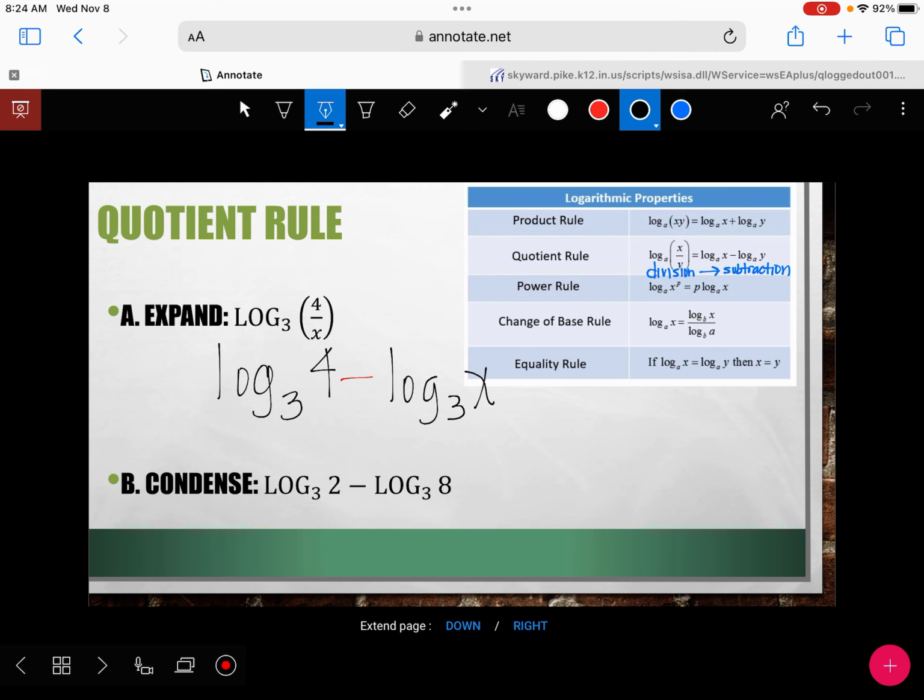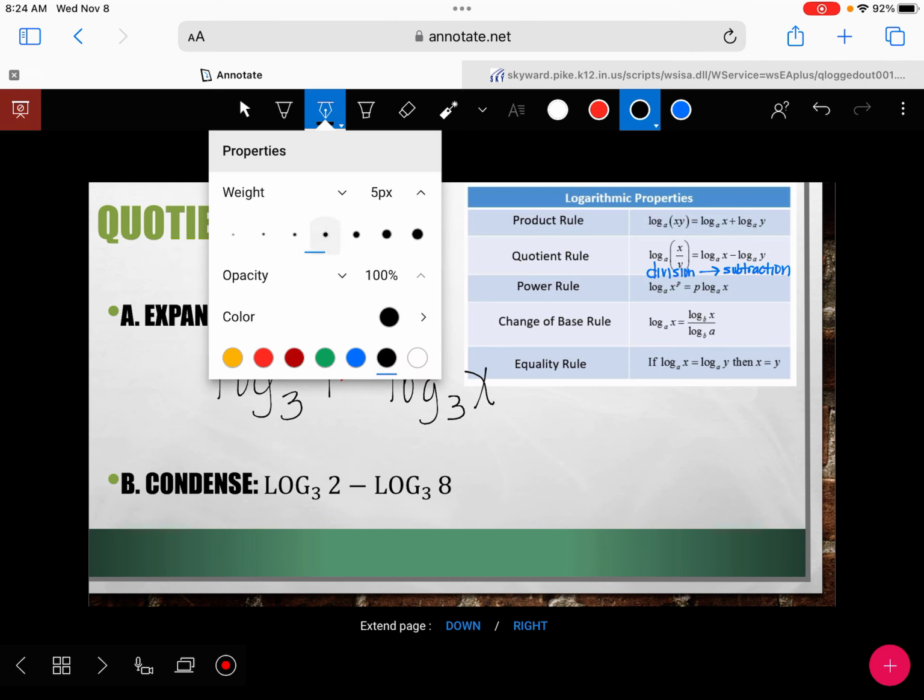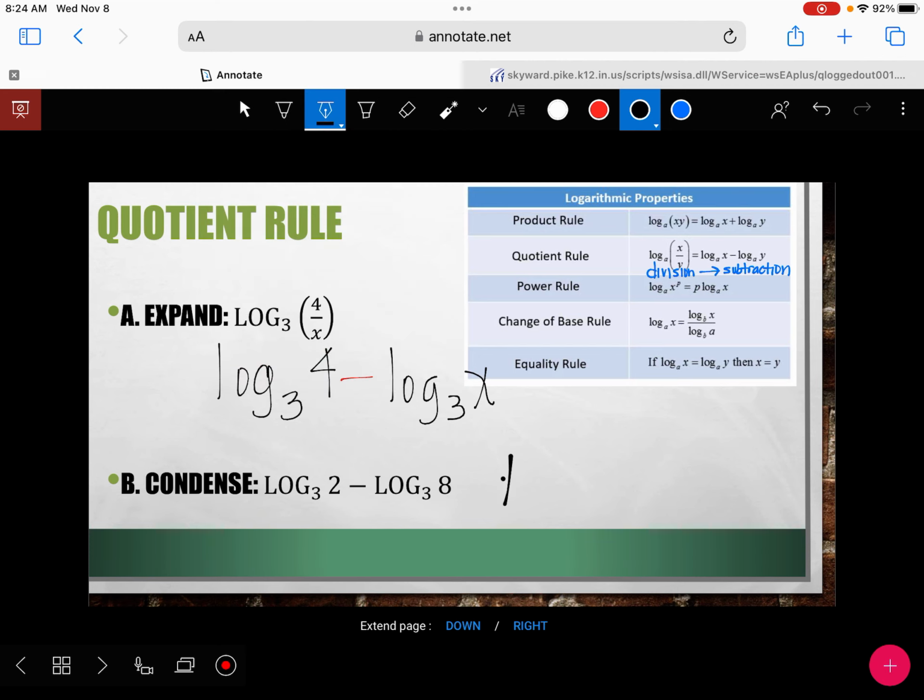And for the second one, where it says condense, we have 2 logs that are being subtracted. That's going to condense to a fraction. So it becomes the log base 3, make your fraction. 2 goes in the numerator. 8 goes in your denominator. So you have the log base 3 of 2 over 8. That can also be reduced. What is 2 over 8 reduced down to? 1/4. So I would take either one of those for an answer.